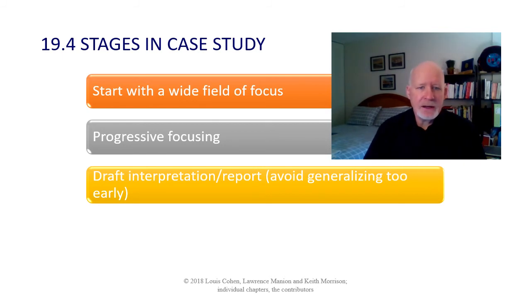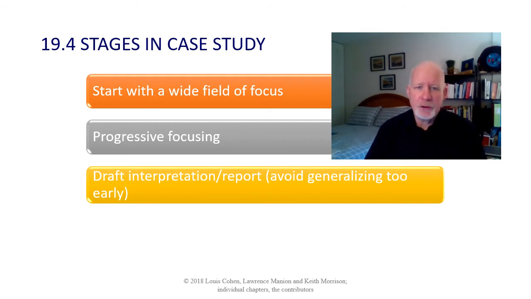Nisbet and Watt suggest three main stages in undertaking a case study, starting with a wide field of focus, and then narrowing that focus progressively after you have done an initial assessment of the context and gained some understanding of what the dynamics are.